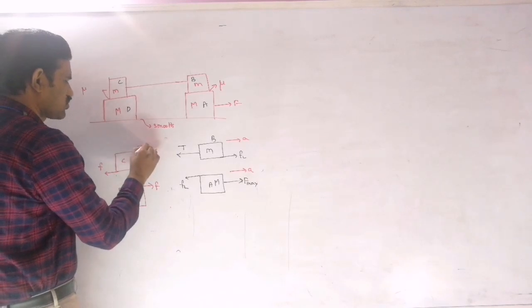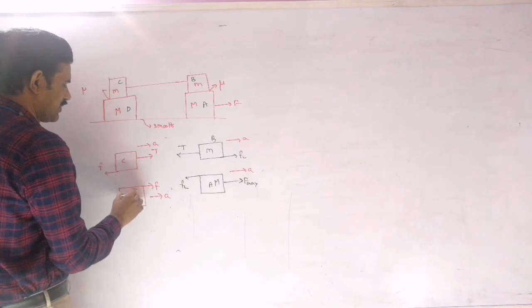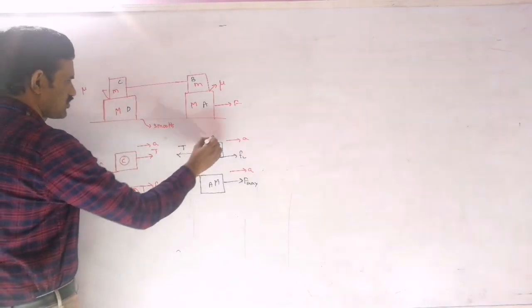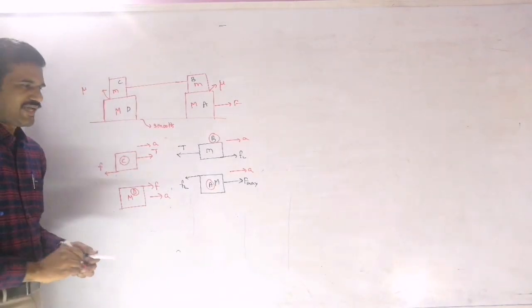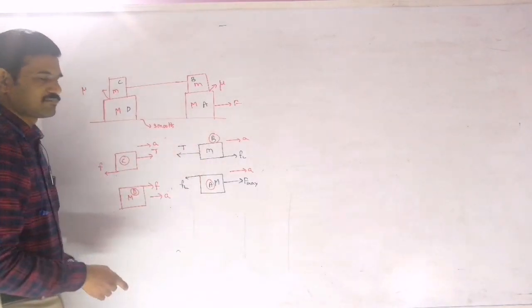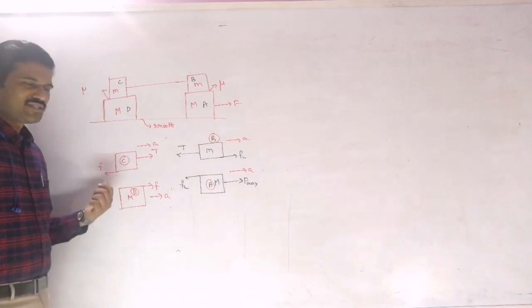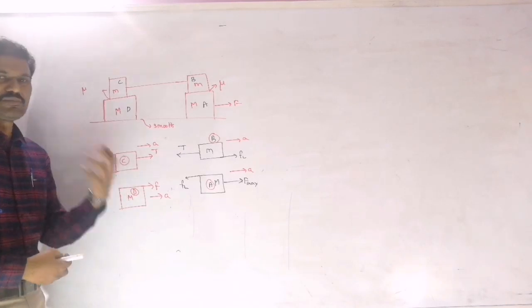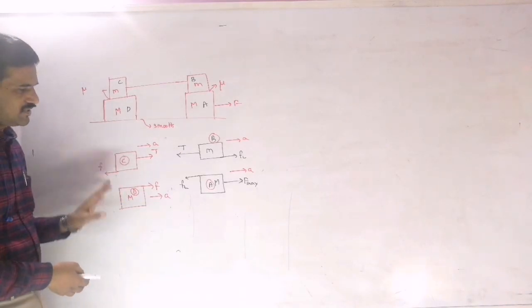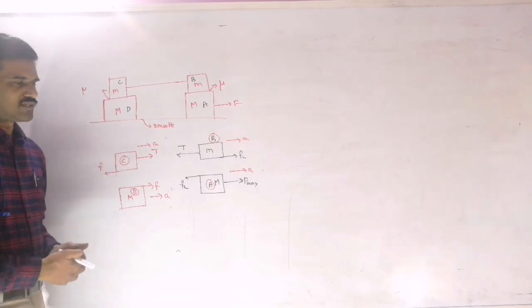This block should also accelerate with A, and the acceleration of block D should also be A only, right? So the acceleration of all the blocks is A. The important thing you should note here is that we are not taking the frictional force as the limiting friction here. We are just assuming some static friction, right?